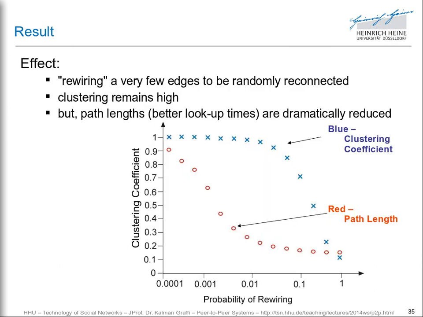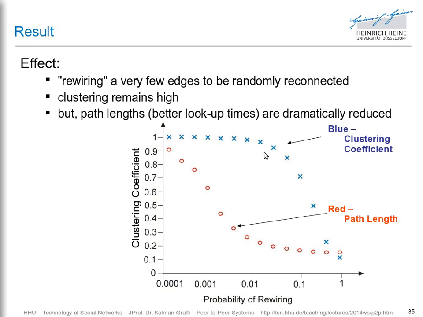Okay, what is the result? Here we have the effect of the rewiring on the clustering coefficient and the path length. On the x-axis we have the probability of rewiring with logarithmic scaling, and on the y-axis the clustering coefficient.